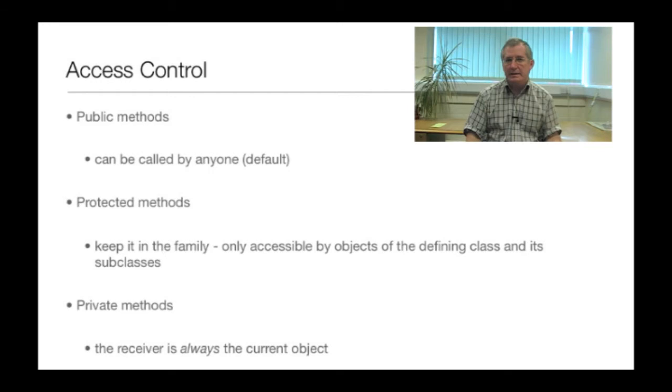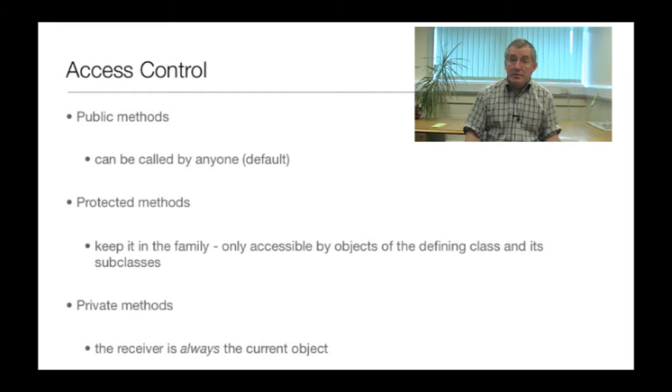Now there are two important things about this. One is the exact meaning of those terms protected and private differs slightly but very significantly in Ruby over Java and C++, and the other is the way in which we declare methods as protected and private. So let's talk about the meaning of the words protected and private in Ruby.